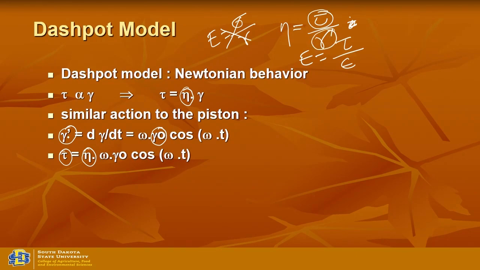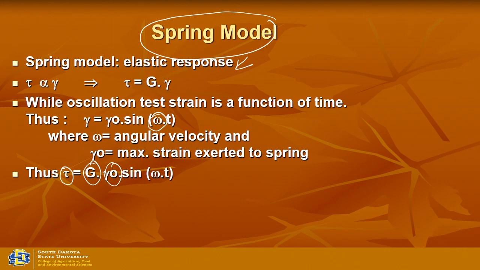So for the shear rate, you substitute stress and then viscosity. So that's what you get here, because this is for the dashpot model, and for the spring model, shear stress is a function of G, which is the elastic modulus, and then maximum strain and sinusoidal sine of omega t.